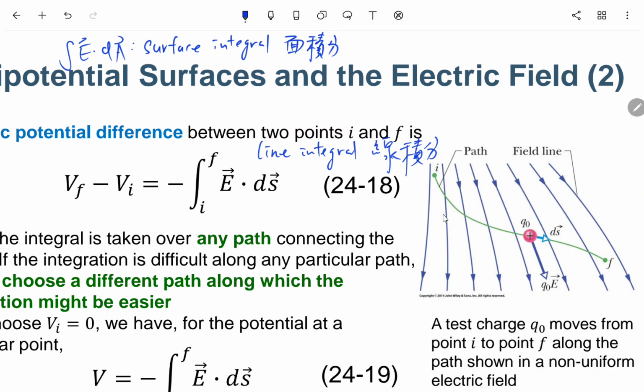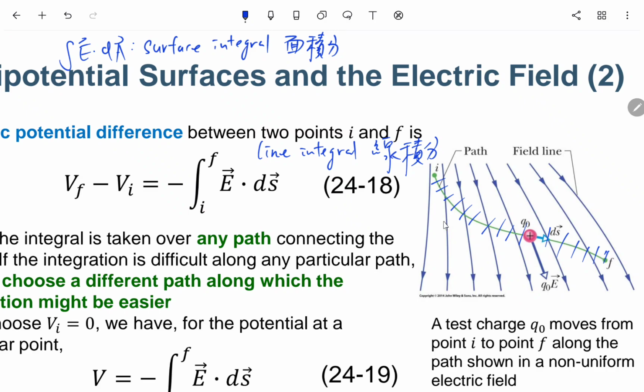We define a path from I to F, which is a continuous path，就是一个连续的路径，连着起点跟终点了. This means that we try to cut this path into many small segments, many short parts, so that we can regard every short part as a straight line.